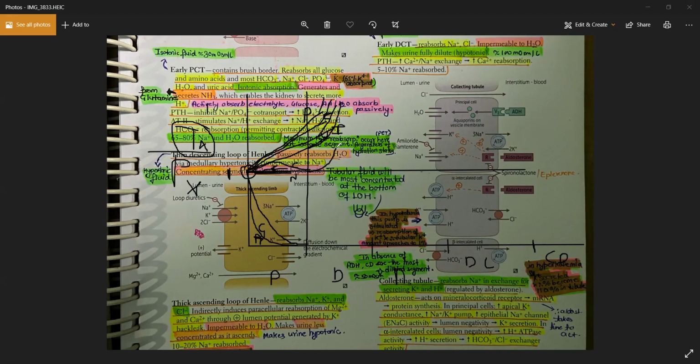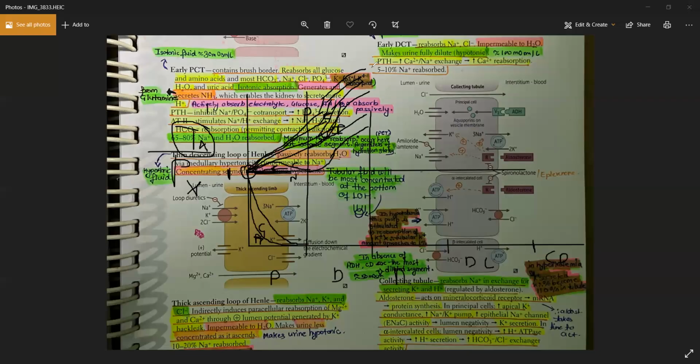At the point where this descending loop of Henle ends, the concentration of all these substances becomes maximum, like I told you. All the substances' concentration becomes maximum in the lowest portion of the descending loop of Henle. Is that okay?